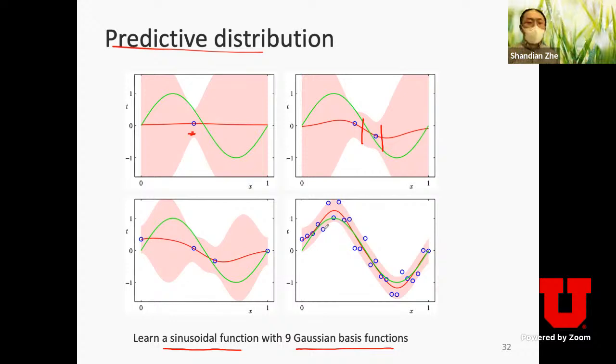You can imagine that as we add more and more data points, we should be able to see some overlapping between the predictive mean and the ground truth, and your predictive variance is reduced to be very, very small. This is consistent with what we observed in our previous case, where with more and more training data added, your posterior distribution over the model parameters is more and more concentrated, meaning that you are more and more certain about where those parameters are located, although you still include some uncertain information.